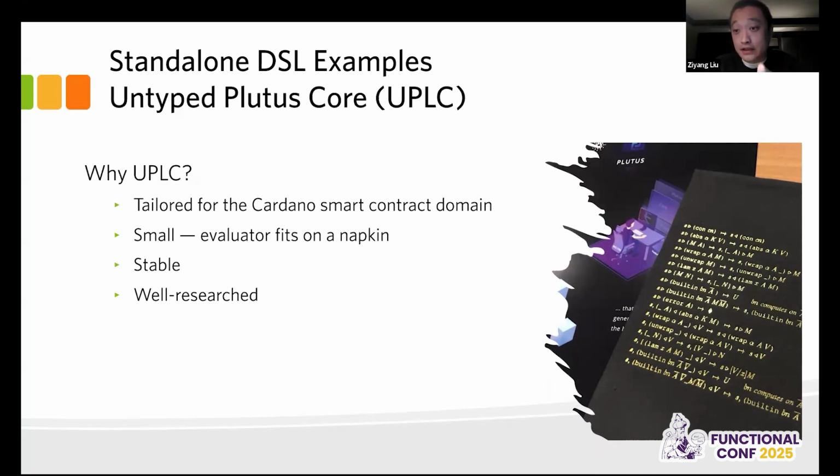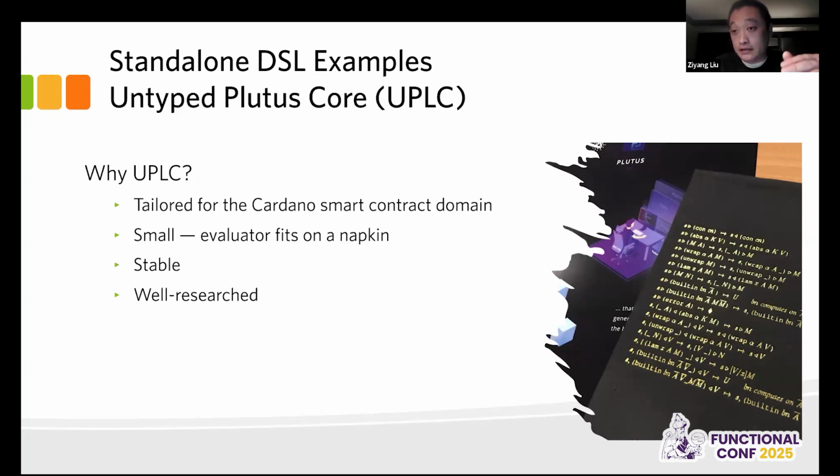As you can see, it fits nicely on a napkin with plenty of room to spare. Because it's such a small language, it's easier to reason about, formalize, and make sure everything is correct. It is also well-researched and stable because it's based on untyped lambda calculus, which has been around for decades, and there's a very large body of research on it.